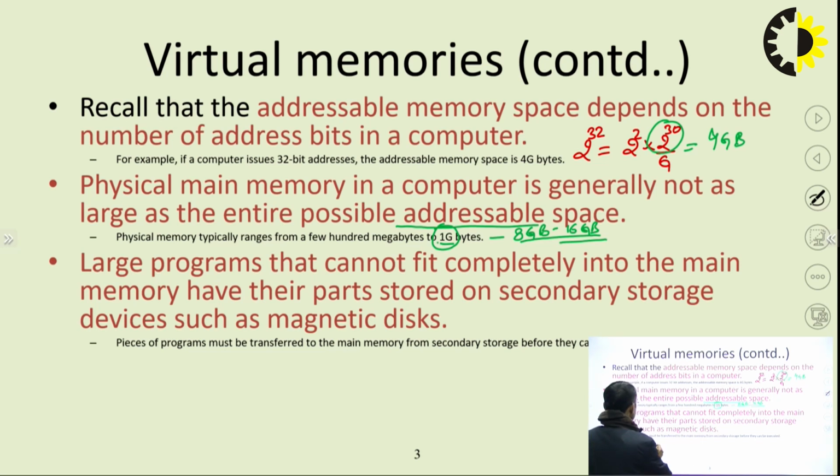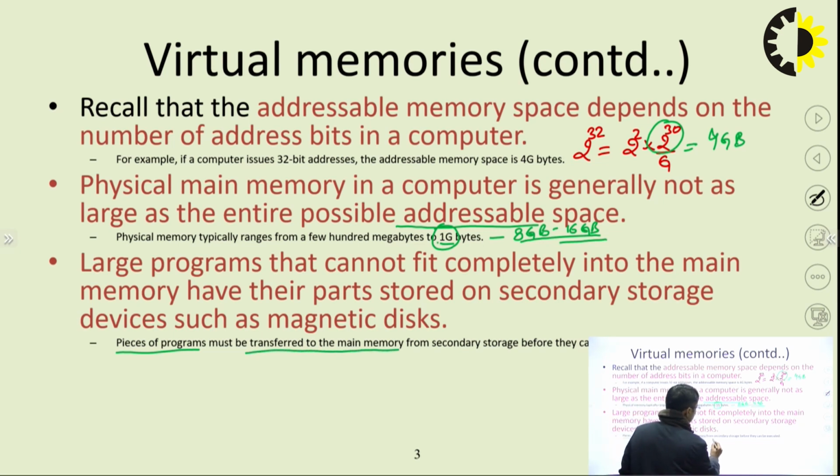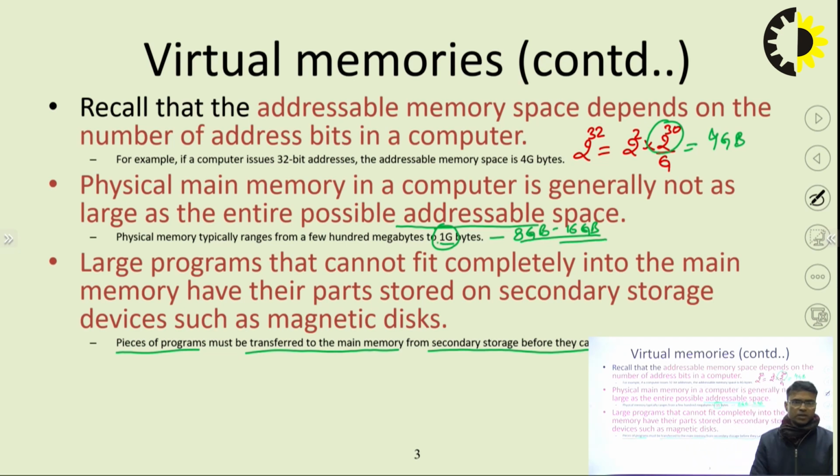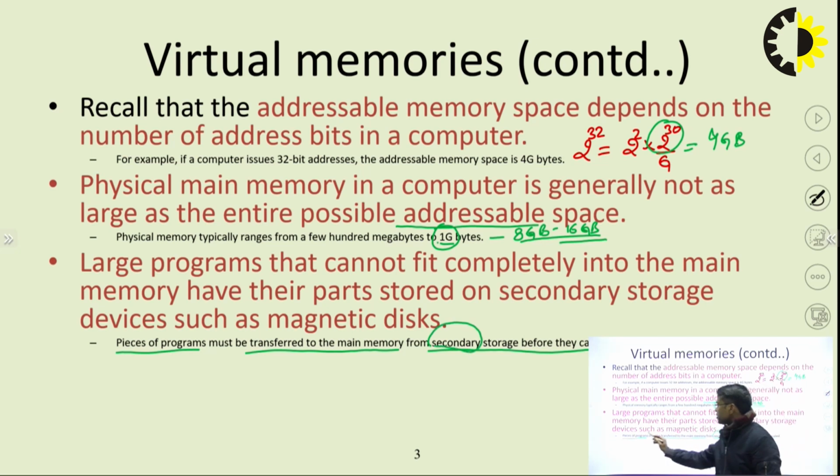The pieces of the program must be transferred from secondary storage to main memory before they can be executed. The program is actually stored in the secondary storage, and a piece of the program is brought to the main memory to execute it part by part.